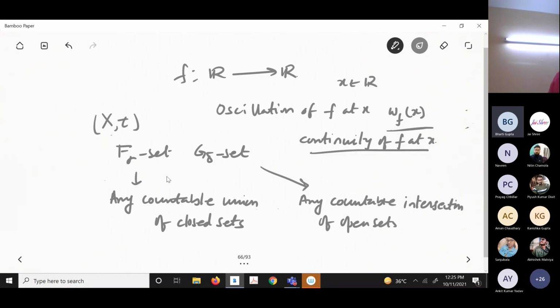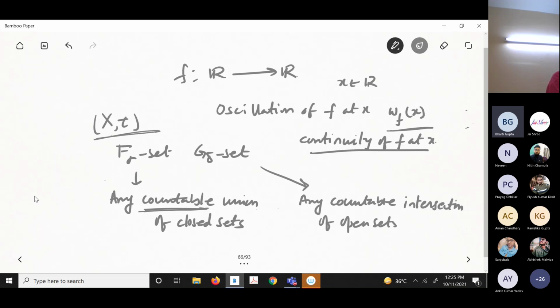Look, here I am only dealing with closed sets and open sets, so it's enough to have a topological space. I do not need any metric space in particular. Why am I doing it? Because a countably infinite union of closed sets need not be closed. But here I am giving that, the F sigma set. Similarly here, any countable intersection of open sets.